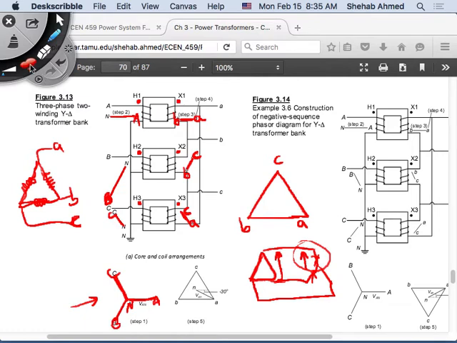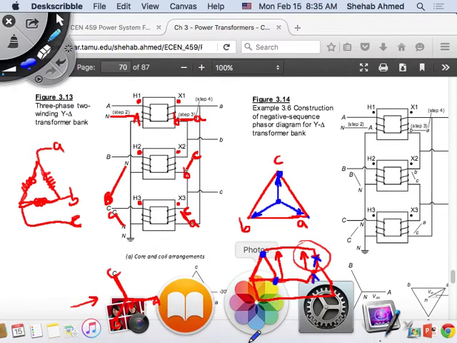It's like having a fictitious neutral point here, and drawing the 3-phase voltages on the star in this fashion. This line-to-line voltage CA is applied across this phase and this phase.